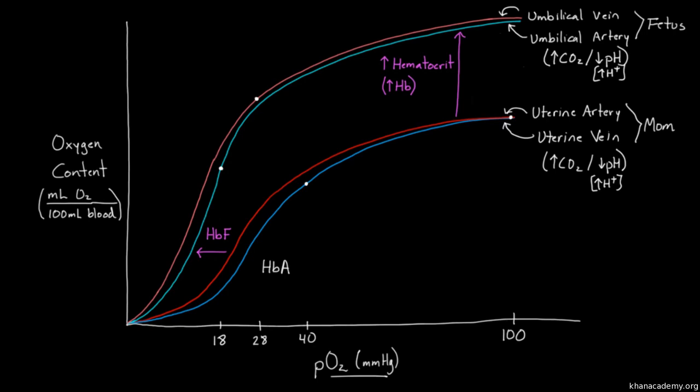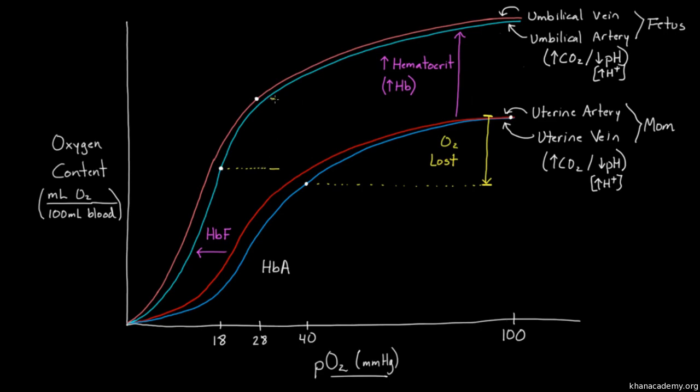Now the main thing I wanted to show you here was that the oxygen that is lost by mom, going from whatever's in the uterine artery over to whatever's in the uterine vein, that's the total content that's lost. Going from here to here, this is going to be equal to what the baby gains. What the baby gains on this side is going to be, let's say, what's in the umbilical artery.